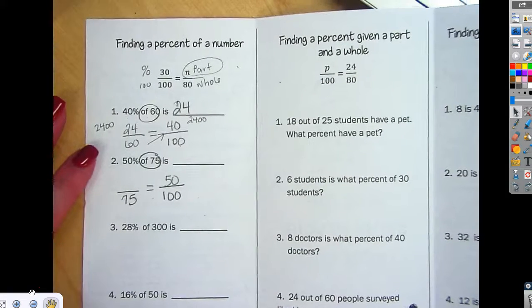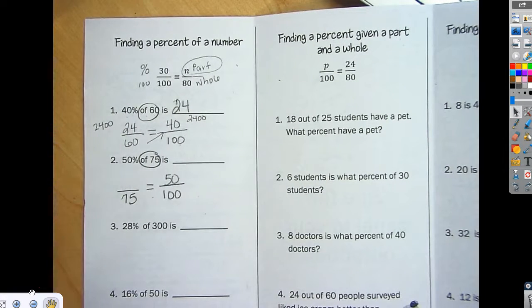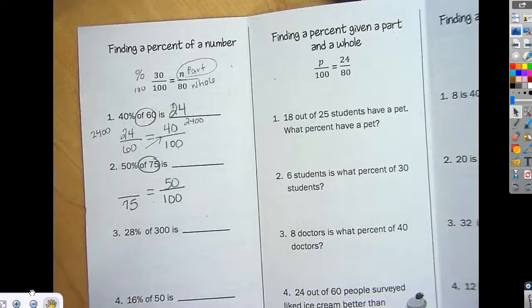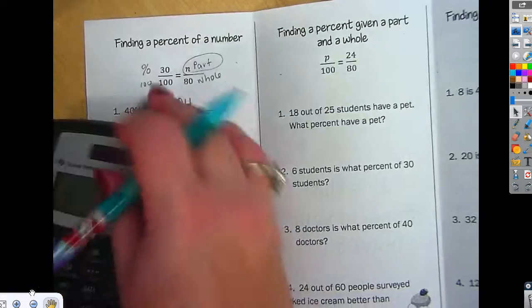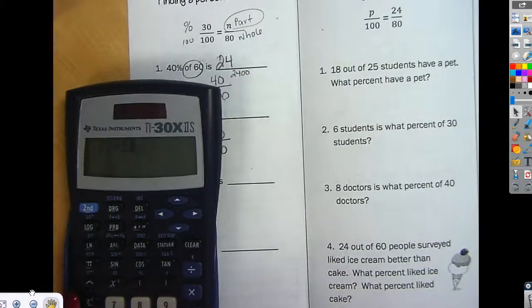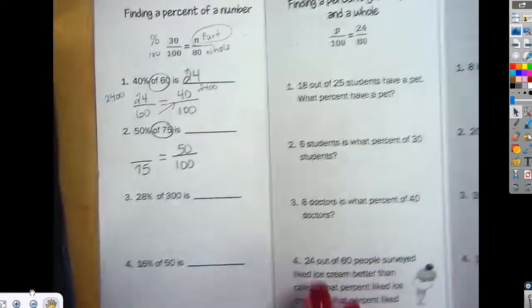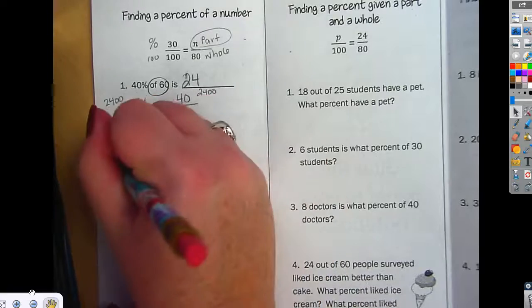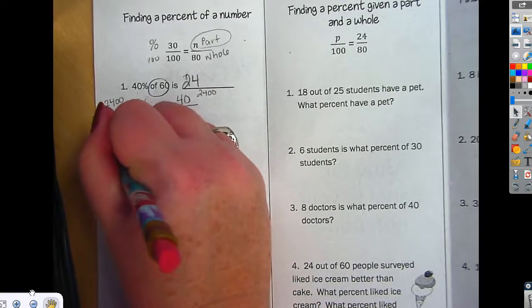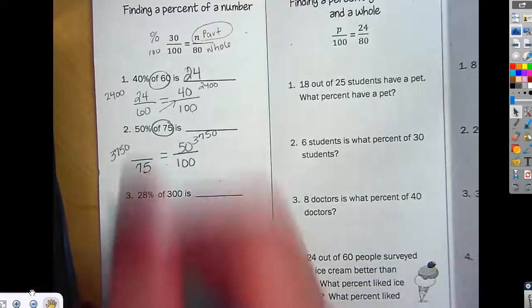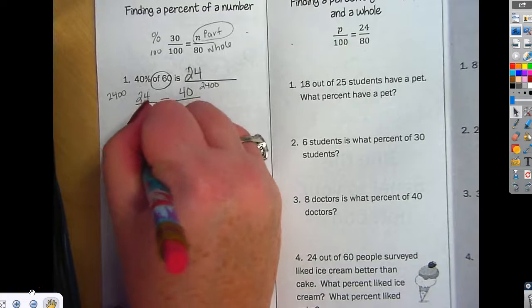And now what do we need to do? 75 times 50 is 3,750. 3,750 divided by 100. Is that 37.5? 37.5.